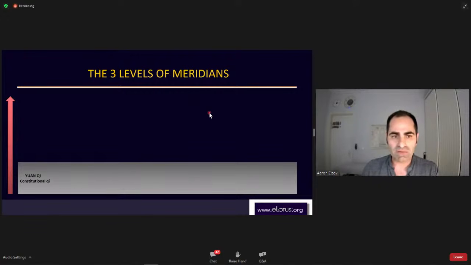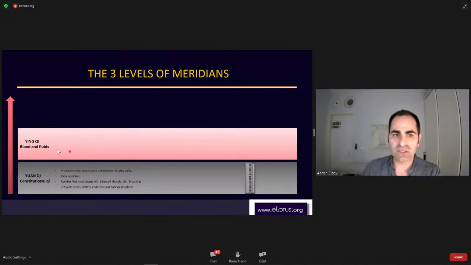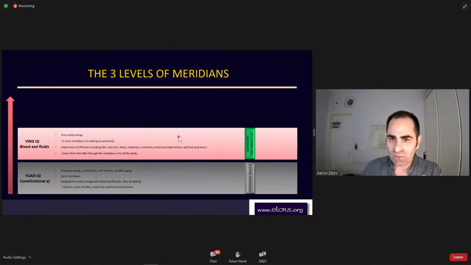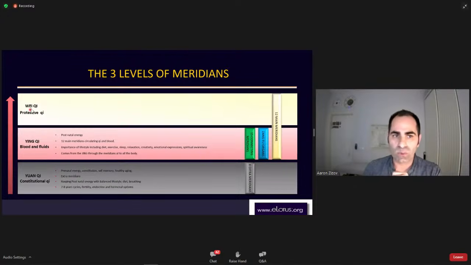On the yuan qi level, we have the 8 extra meridians with the prenatal energy. Then we have the yin qi level, which is responsible for blood and fluids. Here we have the 15 connecting meridians, the zang fu organs, and the 12 main meridians that also go over the wei qi level, the protective qi.